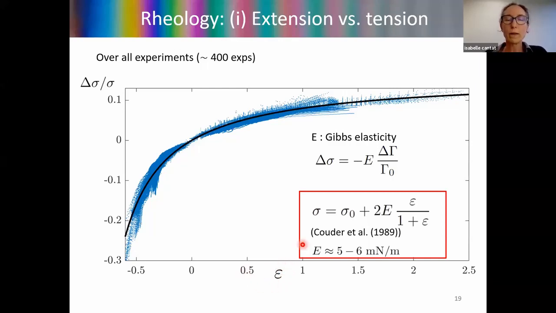And the second point is that actually in the community working on foam and foam films, everybody expected this law to require a correction proportional to the extension rate. So a term proportional to the interface viscosity.